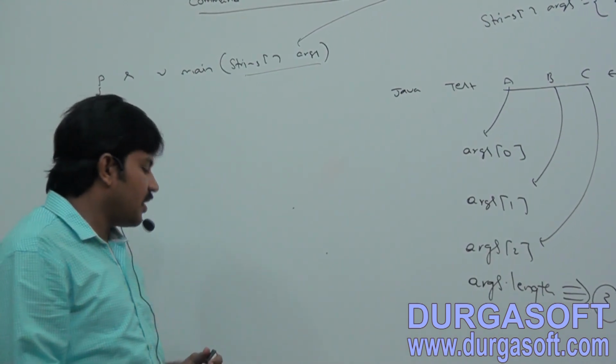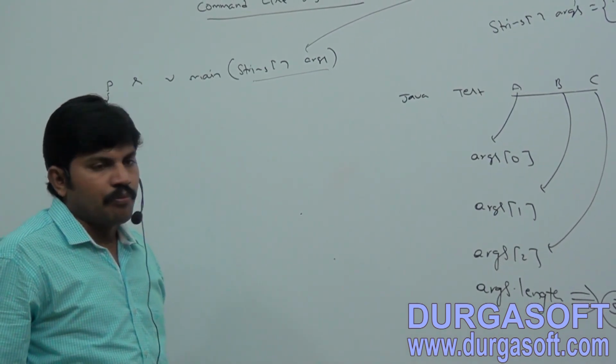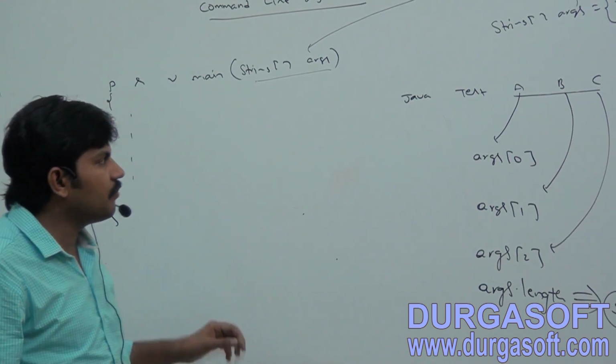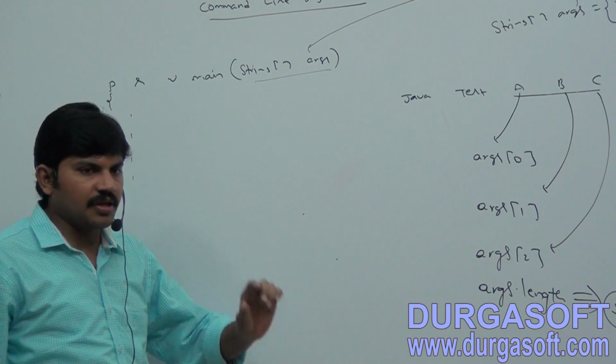And by passing that array as argument, JVM will call main method. That's all. Are you getting?